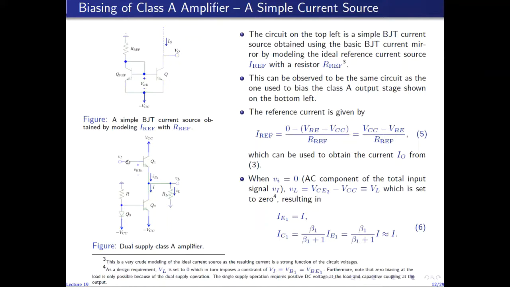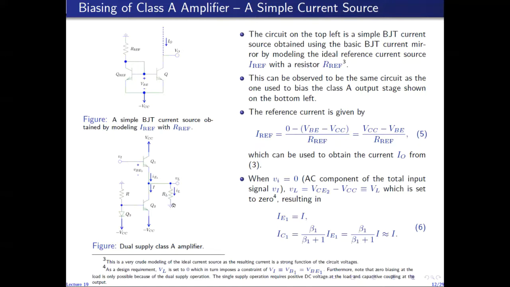And since there is no signal in the circuit, the output voltage only has a DC component, no AC component. And by design, this DC component is typically set to 0, which then means that under DC conditions, when the DC voltage is 0, there is no current flowing through RL.